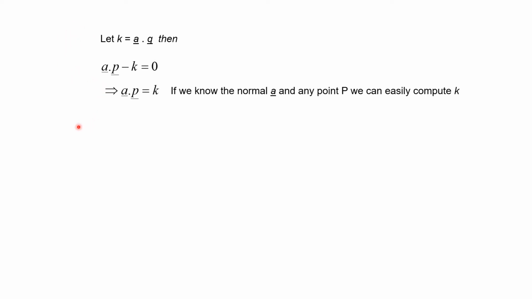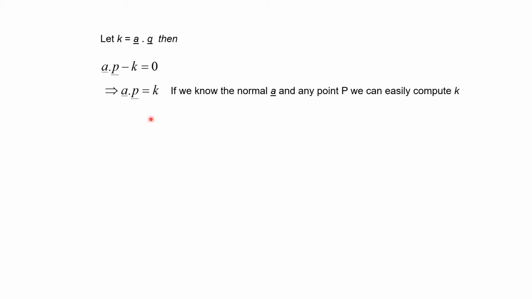Therefore, we assume A dot Q is equivalent to constant K, and we substitute A dot Q with K into the equation just now. So A dot P minus A dot Q equals 0 becomes A dot P minus K equals 0. And in that case, A dot P will equal K, which is the constant equivalent to A dot Q.